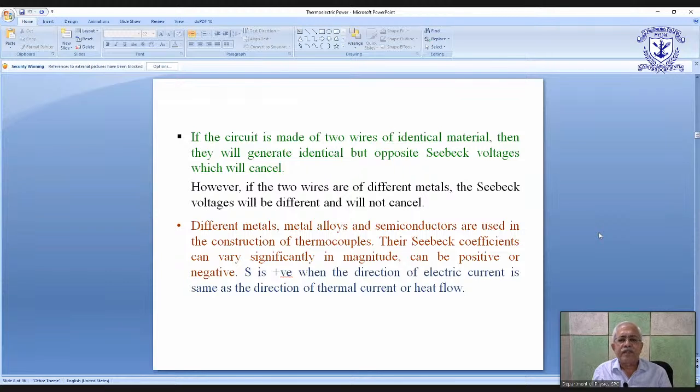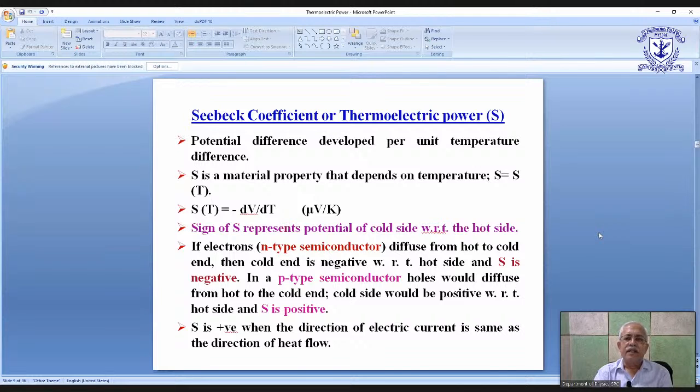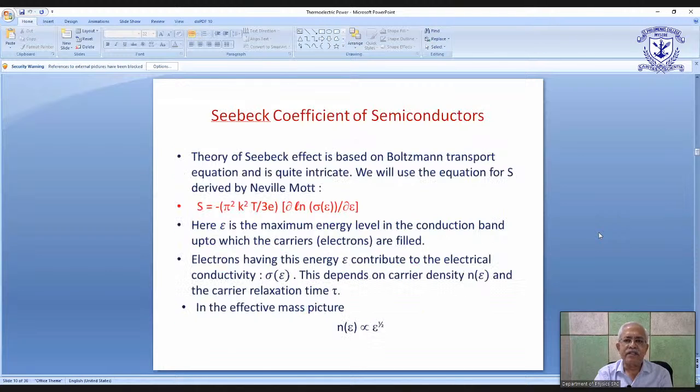We will see that Seebeck coefficients vary over a wide range of values. The Seebeck coefficient can be positive or negative, and it can vary with temperature. It is positive when the direction of electric current flow is the same as the direction of heat flow, as I discussed a while earlier.